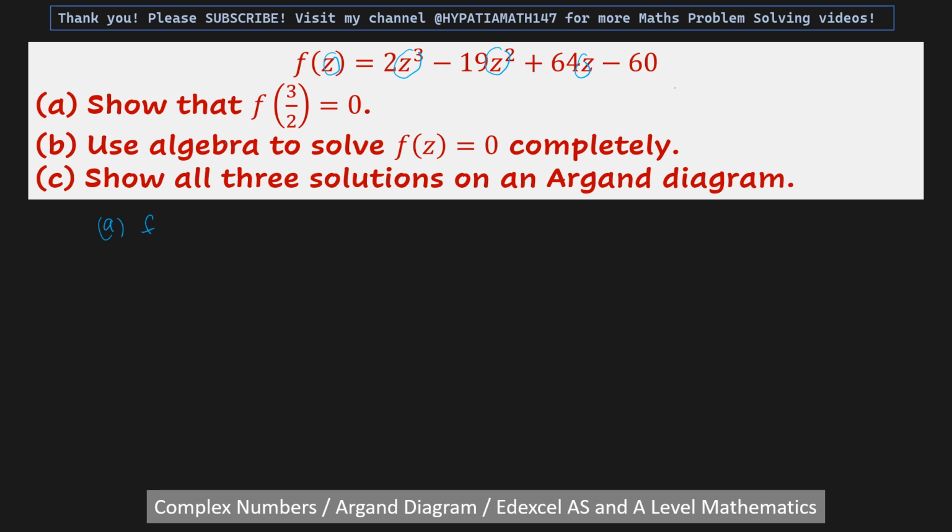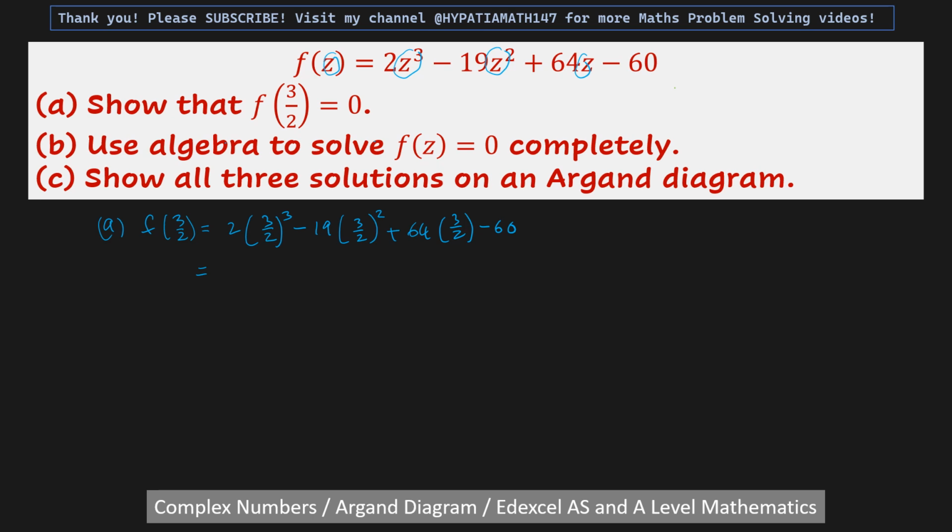So f(3/2) equals 2 times (3/2) cubed minus 19 times (3/2) squared plus 64 times 3/2 minus 60, and that equals 2 times, so this would be 27.